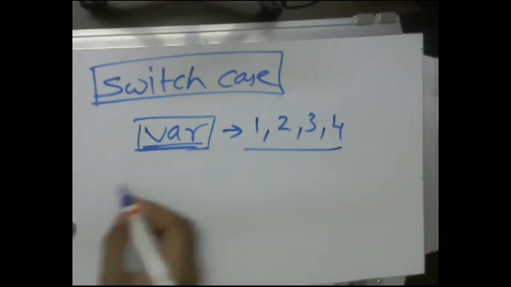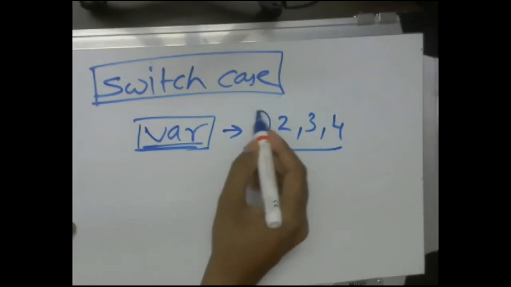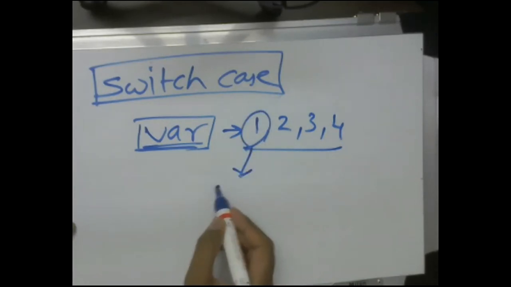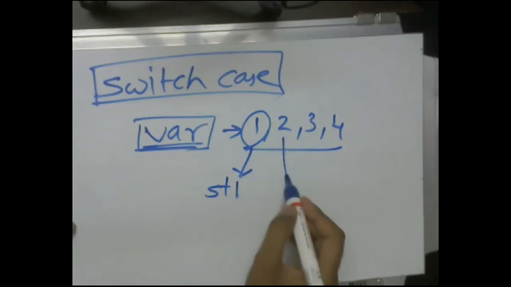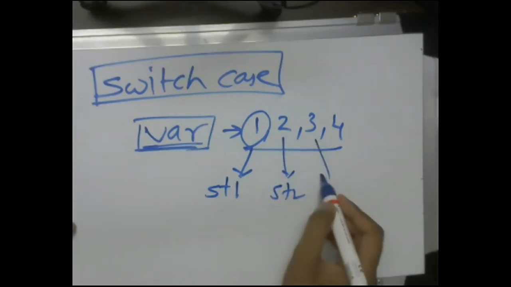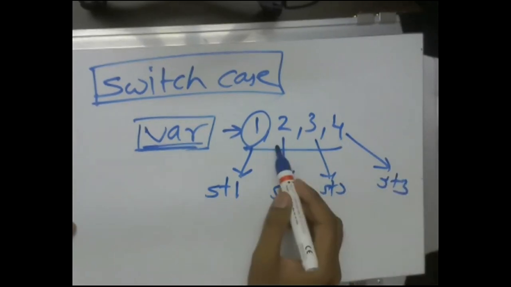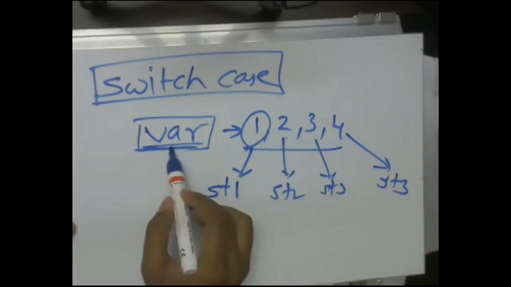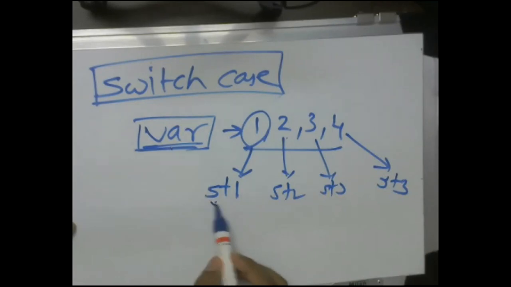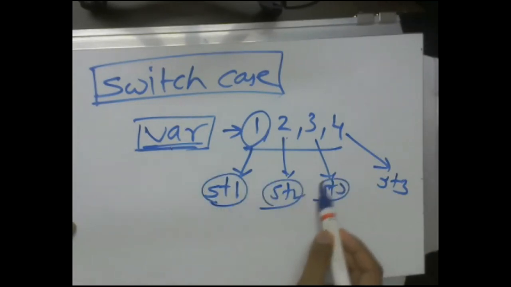According to those values, we want to execute statement 1, statement 2, statement 3, or statement 4. So depending on the particular value of var, we execute different statements.